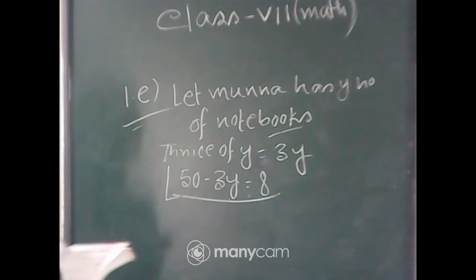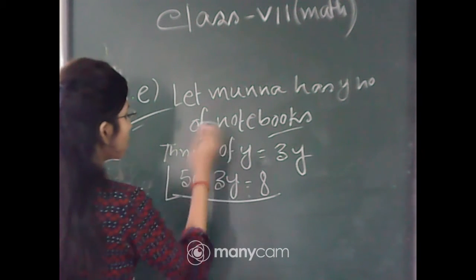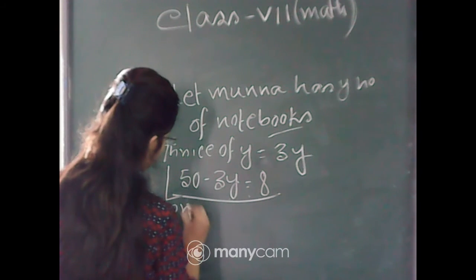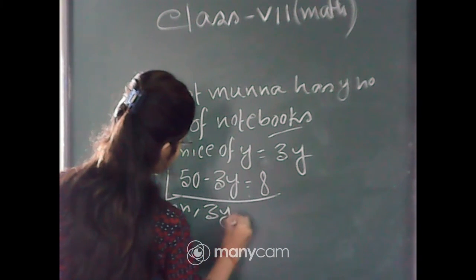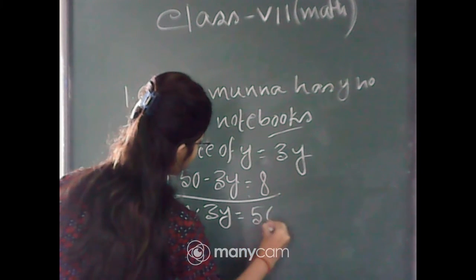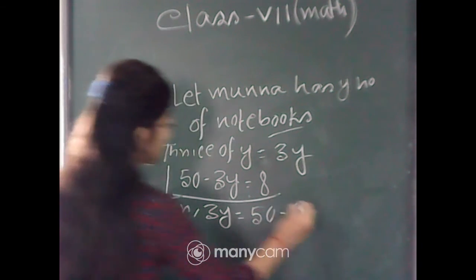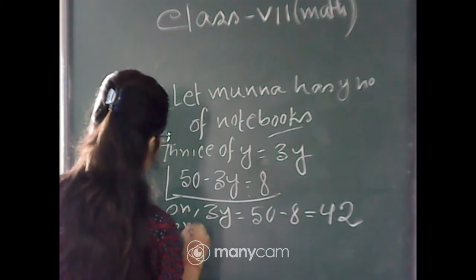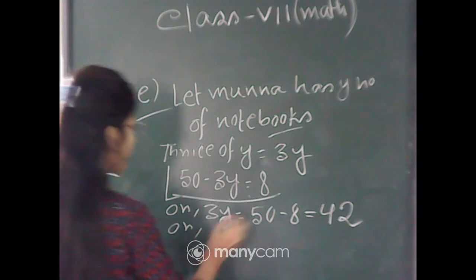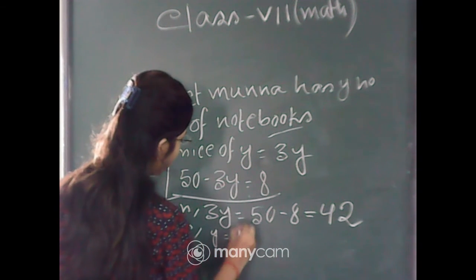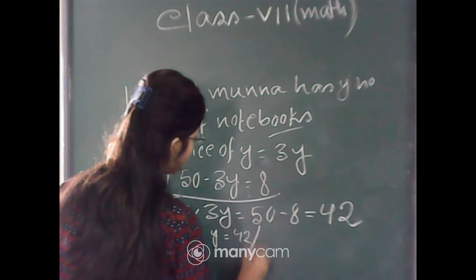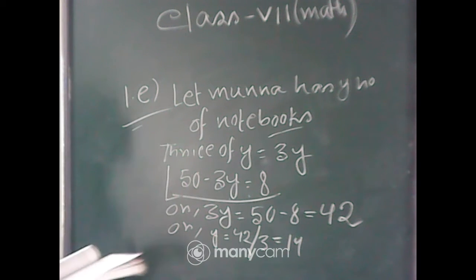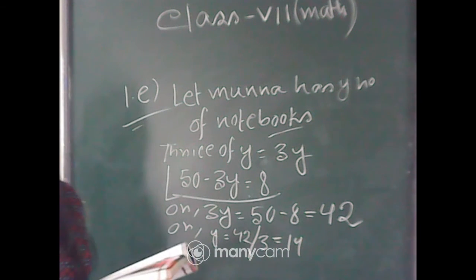To solve this equation, we first transpose 3y to the right hand side and we get 3y is equal to 50 minus 8, that is equal to 42, or we divide both sides by 3 and we get y is equal to 42 by 3, that is equal to 14. Therefore, Munna has 14 notebooks.